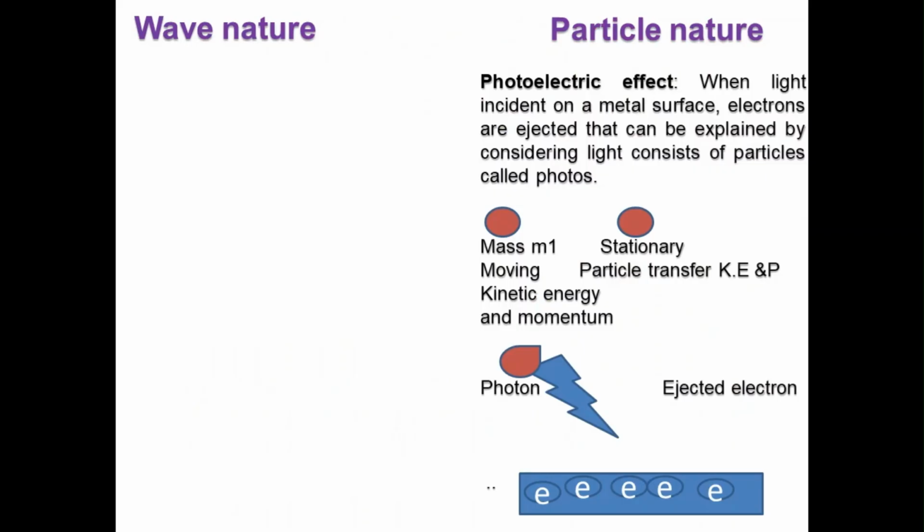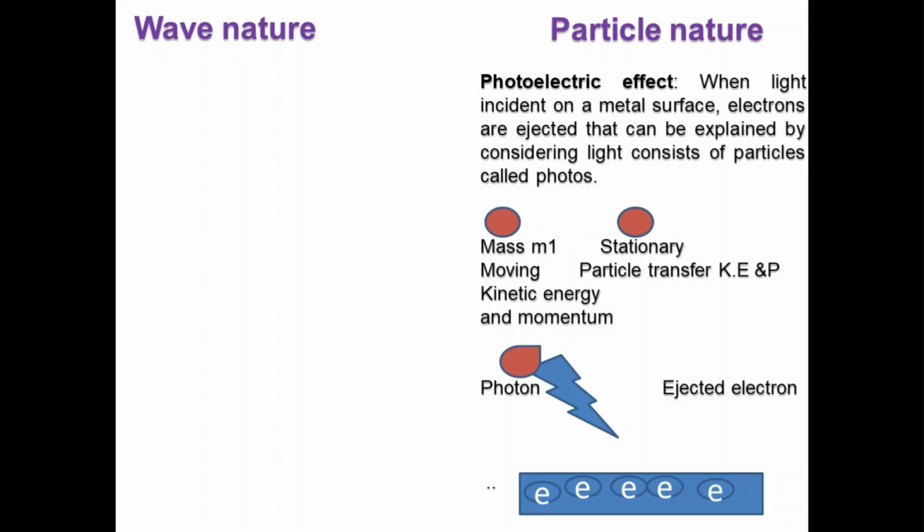Now, how can we understand this wave nature? If we find interference, meaning two or more waves combine, then either constructive interference or destructive interference will occur. So then we can say that is wave nature.